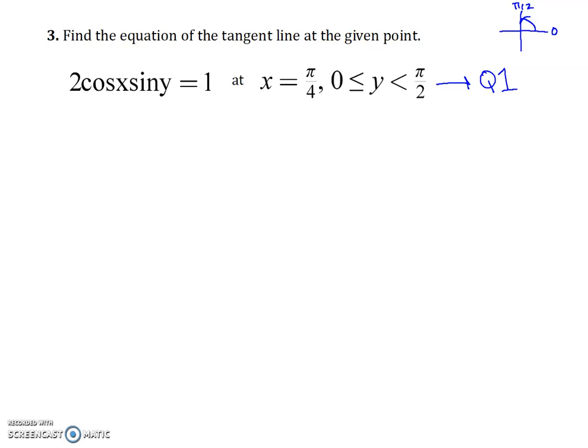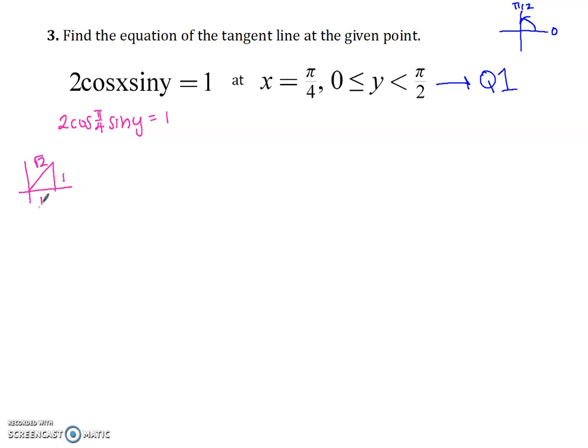So first thing I'm going to do is find the y value. So plug in x. So that'll be 2 times cosine of pi over 4 times sine of y equals 1. So I need to evaluate cosine of pi over 4. So that'll be a 1, 1, root 2.